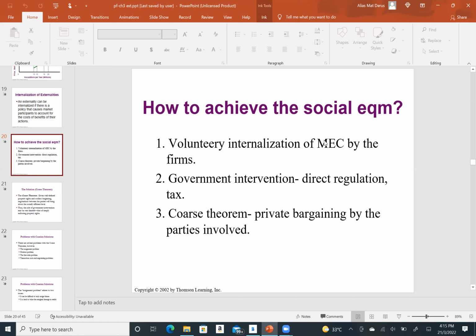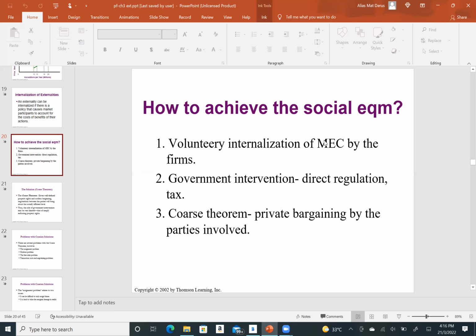So we call it private bargaining by the parties involved, and that process we call the Coase theorem. So private bargaining to reduce or to discuss externalities is by the Coase theorem.